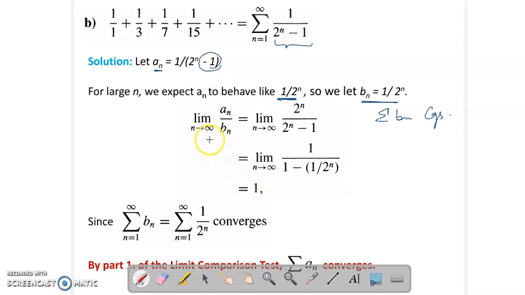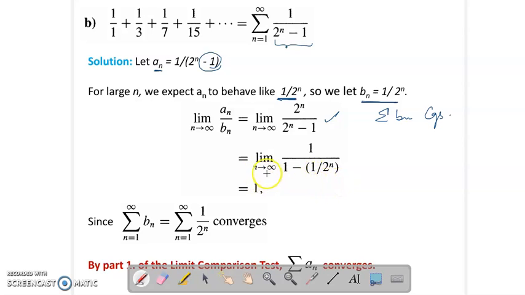Now check the limit n tending to infinity an by bn. It is equal to limit n tending to infinity, 1 upon 2 to the power n minus 1, upon 1 upon 2 to the power n. So this is 2 to the power n upon 2 to the power n minus 1. Just dividing both these terms by 2 to the power n, this is 1 upon 1 minus 1 by 2 to the power n.